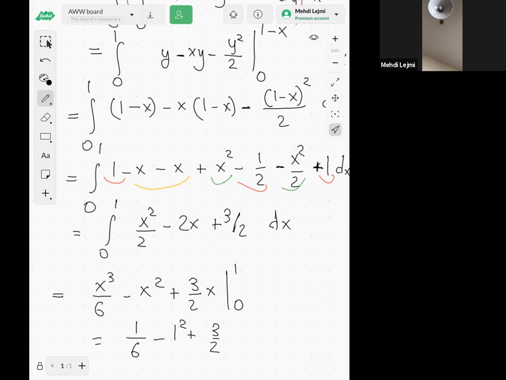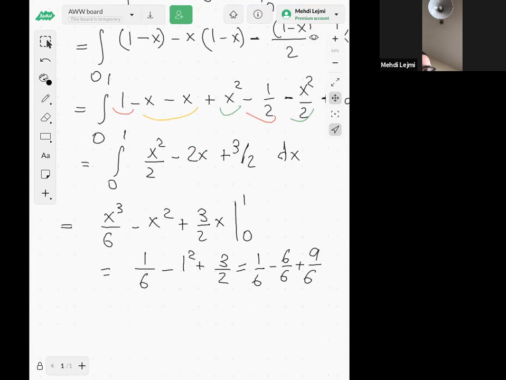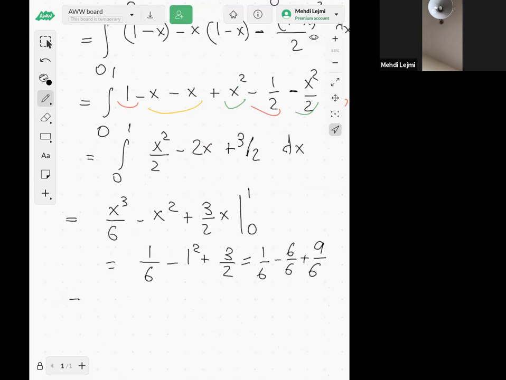And then substitute x by 0, you just get 0. So this is 1 over 6 minus 6 over 6 plus 9 over 6. The final answer, I hope I didn't make any mistake, is 4 over 6 actually. It's 10 minus 6, so 4 over 6, and that will be 2/3.